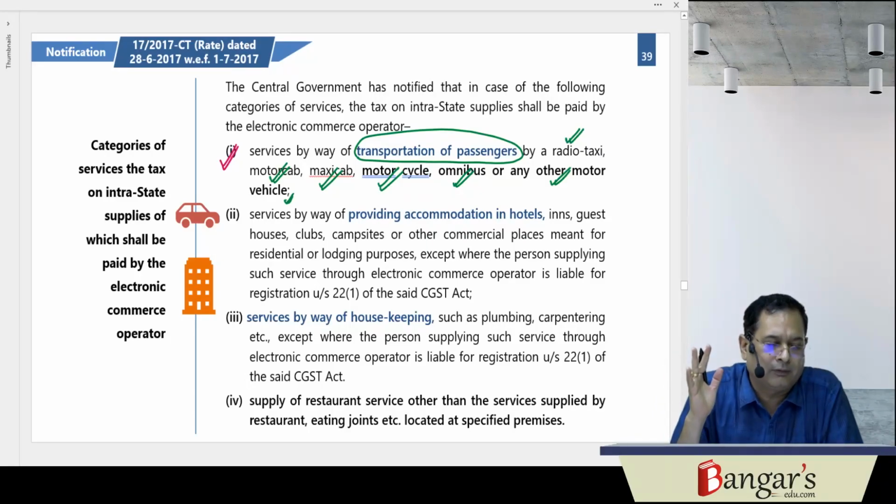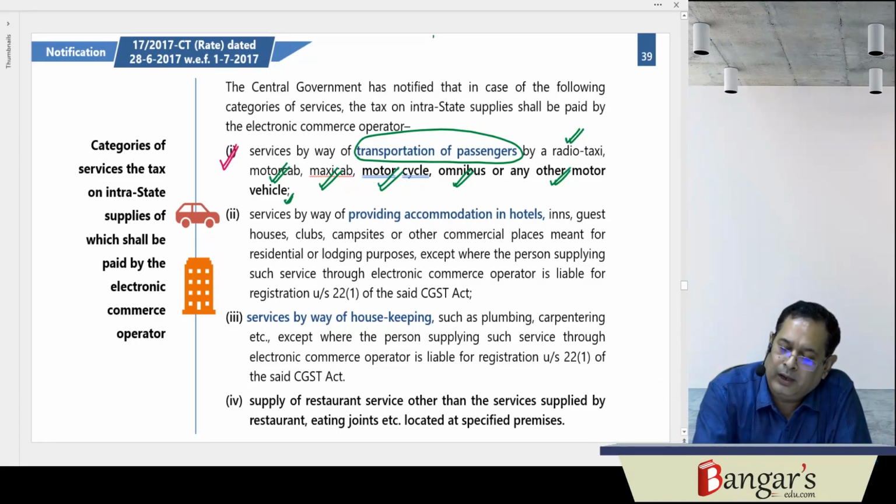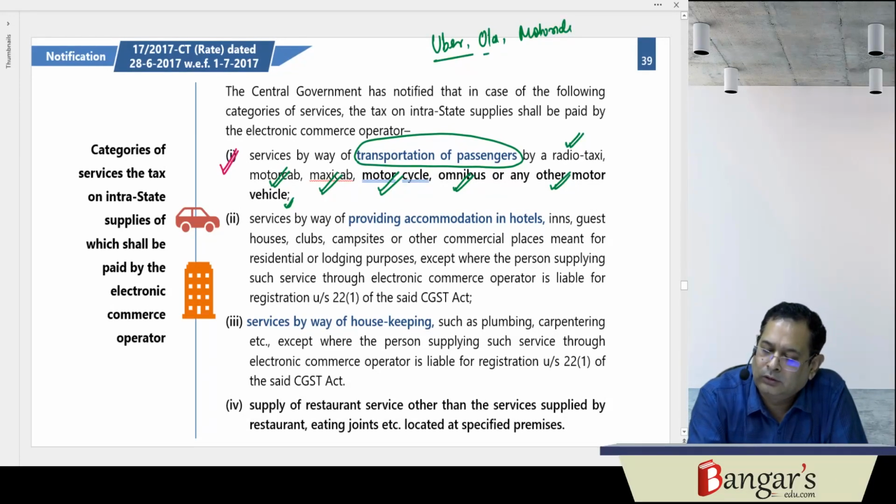Services by way of transportation of passengers by a radio taxi, motor cab, maxi cab, motorcycle, omnibus, or any other motor vehicle. We see that Uber, Ola, Motorride, they are all e-commerce operators.